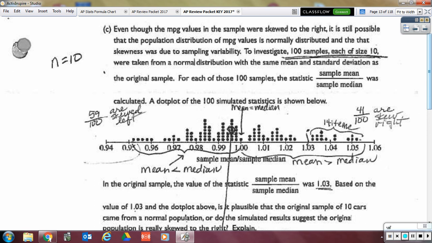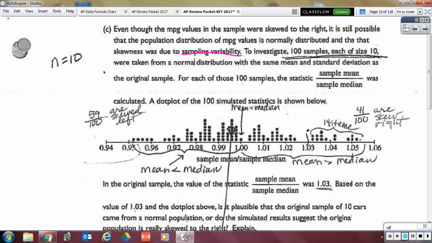So it's saying, just because you got one sample that was skewed, does that mean the whole population is skewed? What do you think about that? Just because you got one little sample that is skewed, and it's only 10 items, does that mean the whole population is skewed? No. And it says, or is that skewness due to sampling variability? Possible, okay, possible.